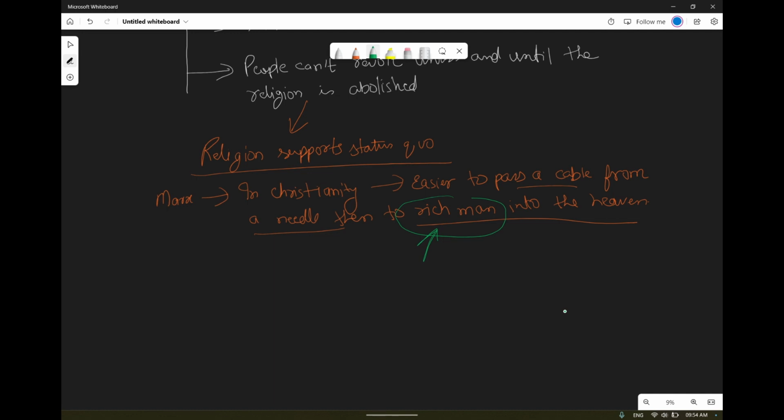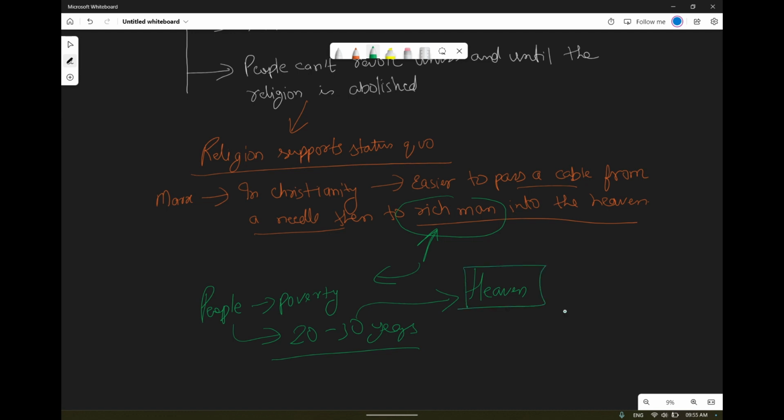So what happened? Because of this concept, people who are in poverty feel like, okay, we'll live our 20-30 years, whatever life is left with us, we'll live in poverty, in a very difficult situation, but at the end we are going into the heaven.